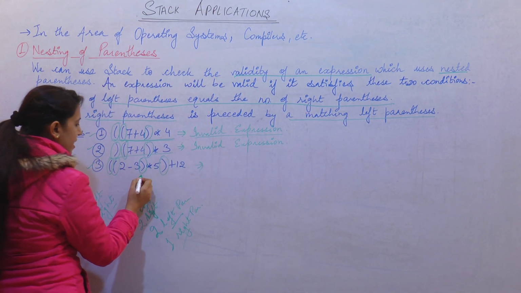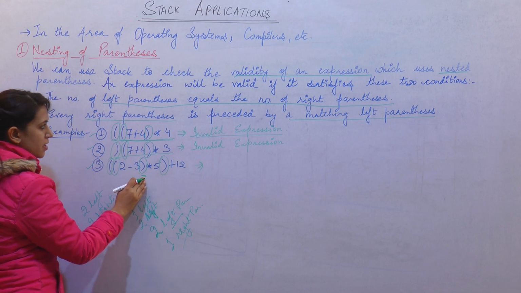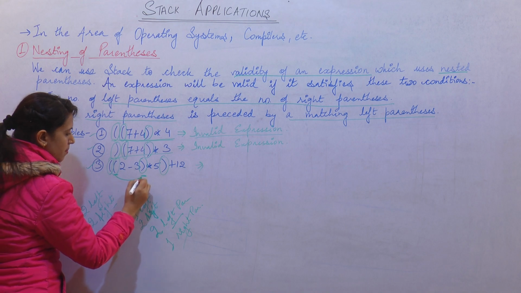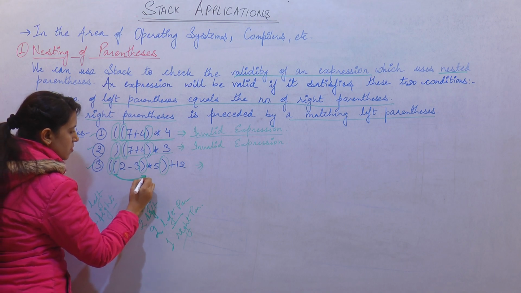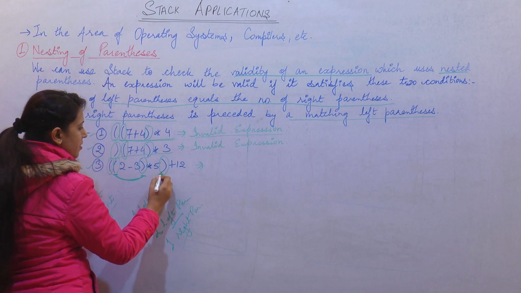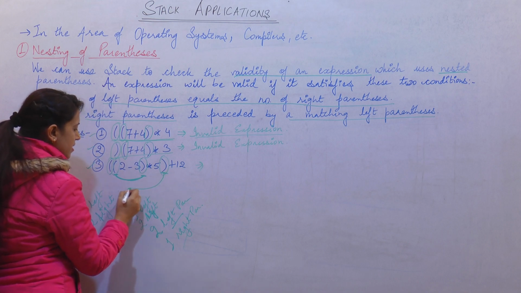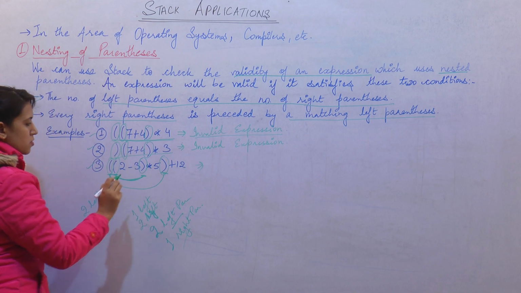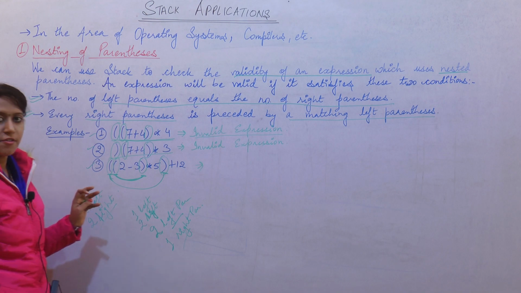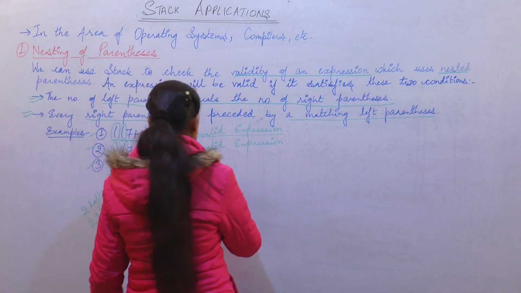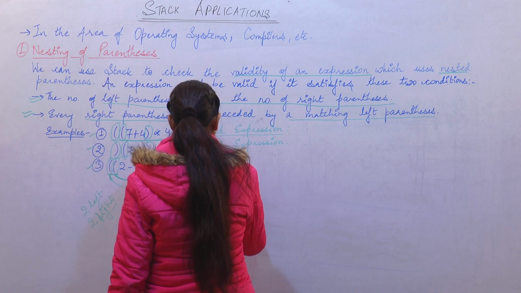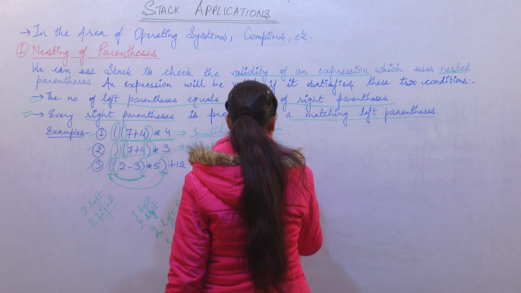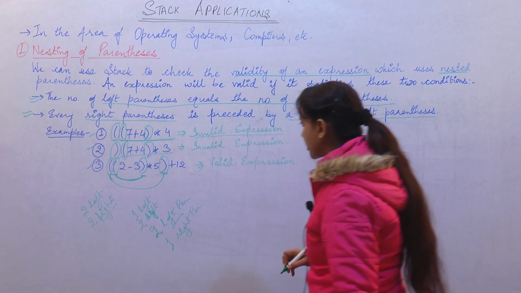This right parenthesis is preceded by a matching left parenthesis, so this left and right parentheses are matching. Checking the next right parenthesis, it is preceded by its matching left parenthesis. So the second rule is also fulfilled. This gives us a valid expression.